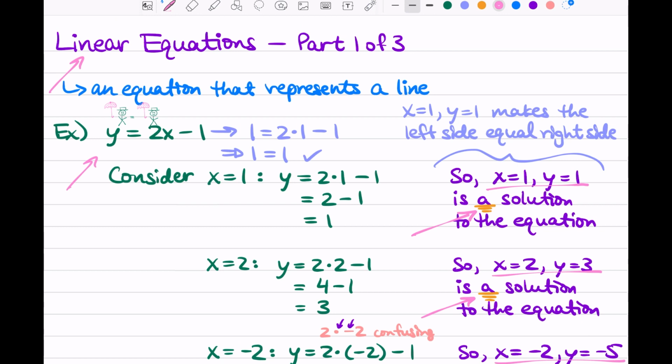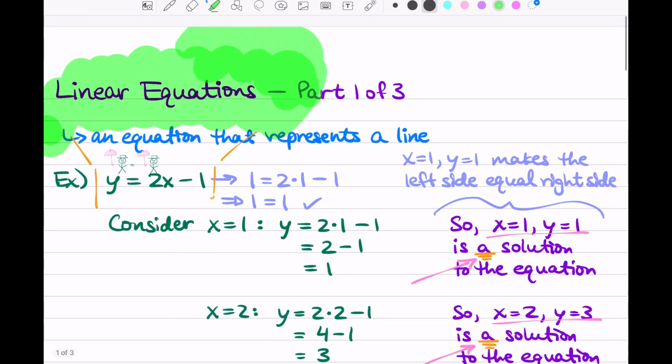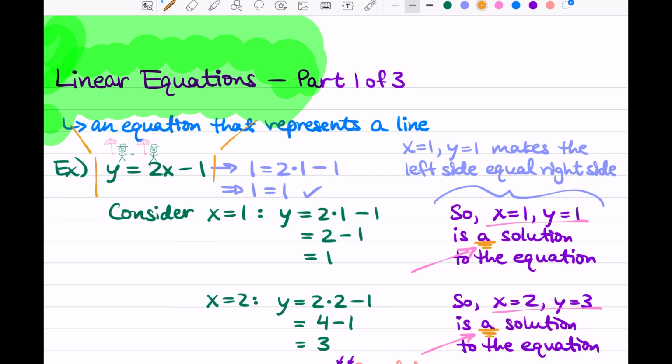Let me give you a better question. If you were out in the forest and you saw a tree, let's make a nice tree. And on that tree, someone has carved y equals 2x minus 1.